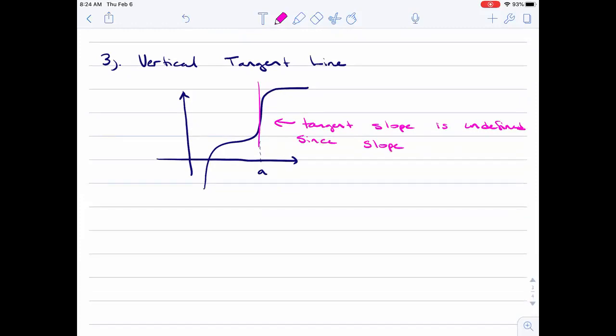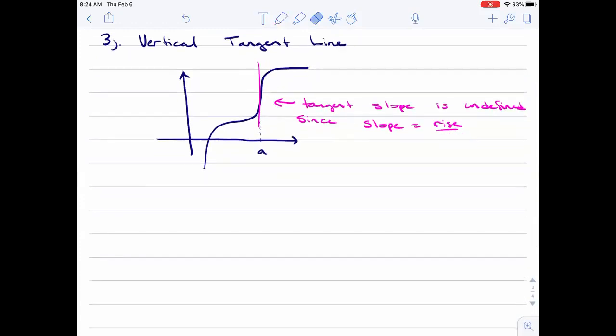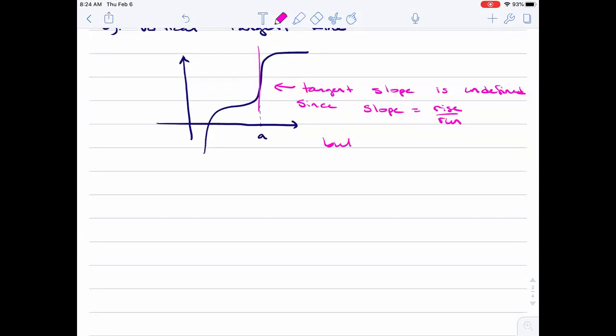I'll just clarify, since the slope is rise over run, but the run is 0, that's why the slope of the tangent line there, if it's a straight vertical tangent, is undefined, because we're dividing by 0.